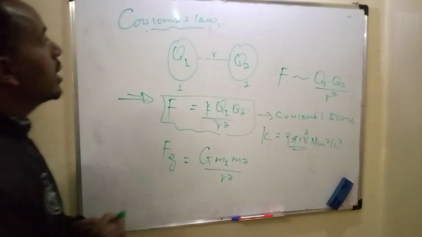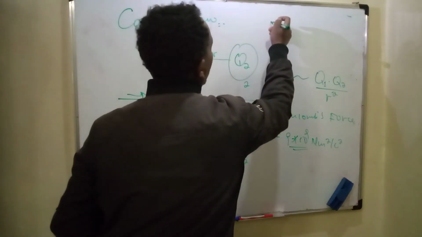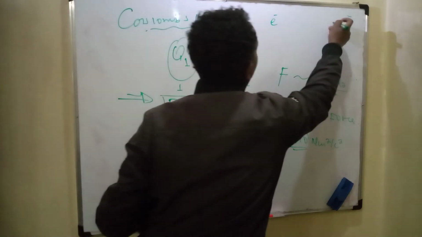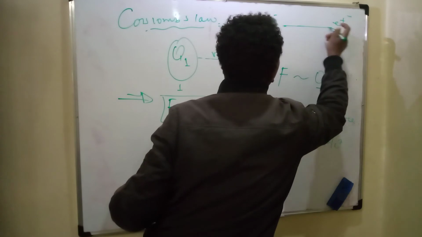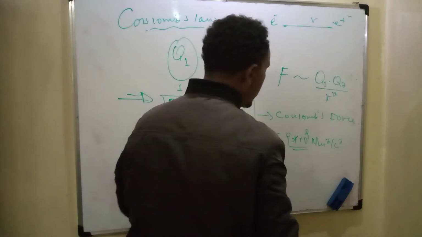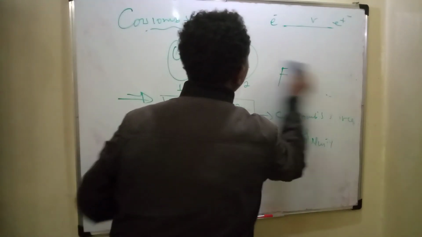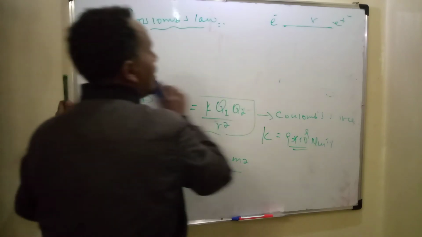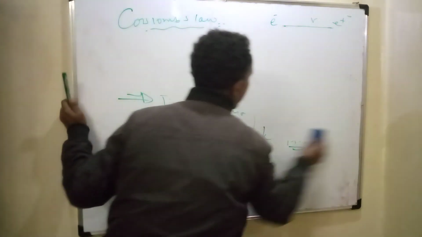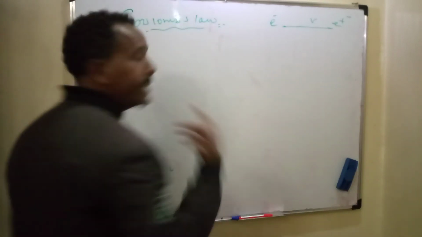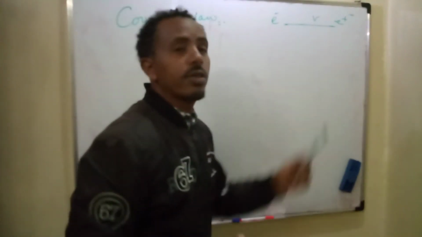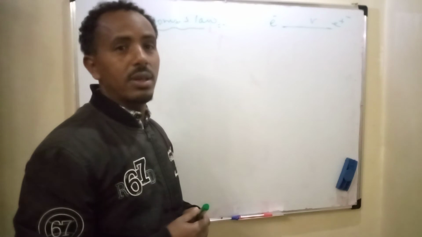Now, if we have electrons and protons found at a certain distance r from each other, in between these two particles, since they carry a charge, there is an electrostatic force.